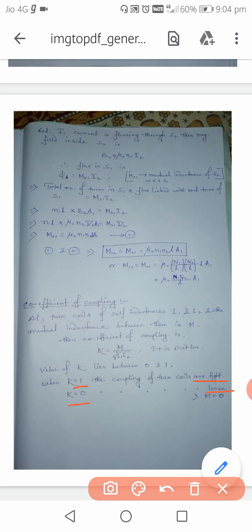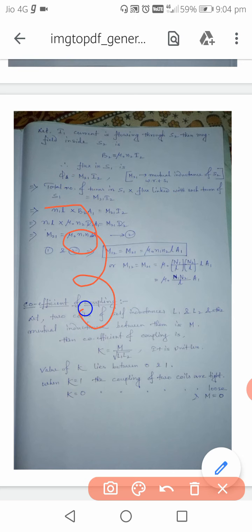Suppose one coil is like this, and another coil is almost inside it. In this case they are closely coupled, and the value of K will be around 1. Whatever flux is linked with the first coil, the same amount is linked with the second coil. So they are tightly packed, and K is almost 1.